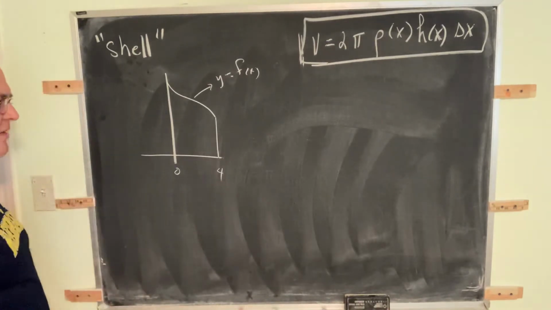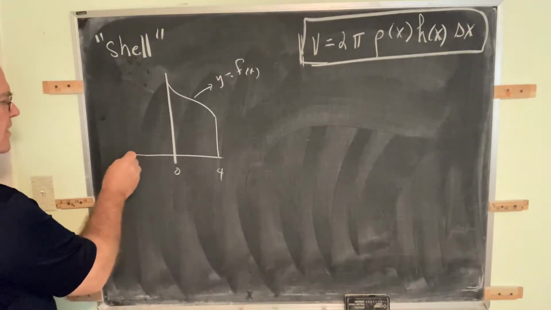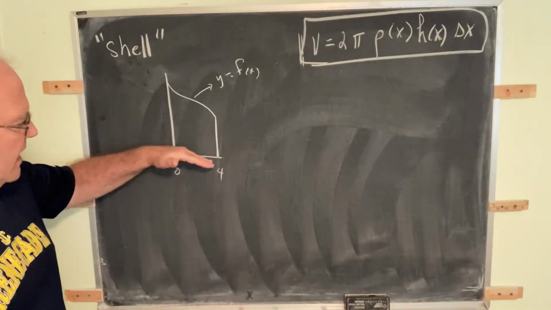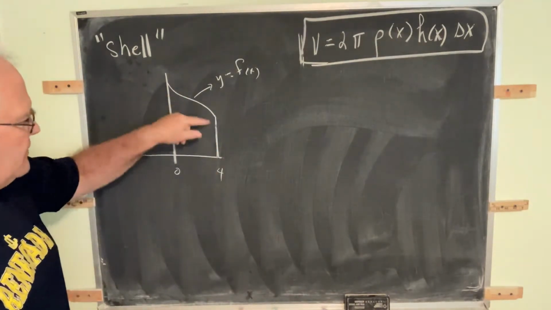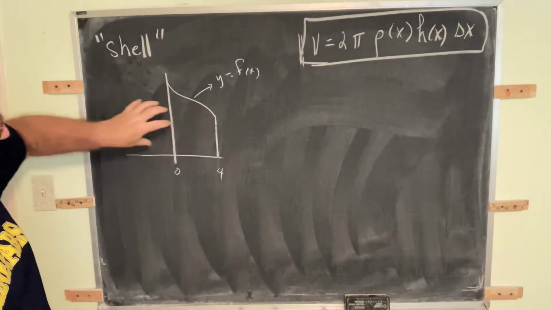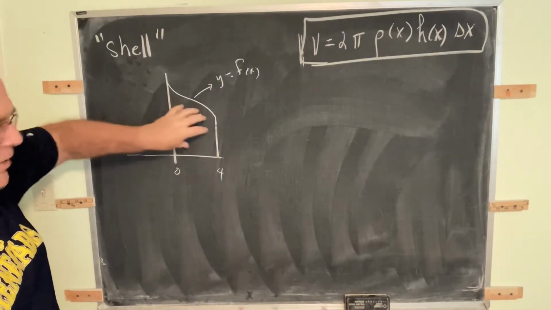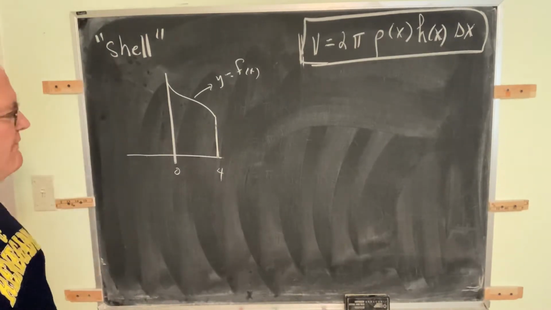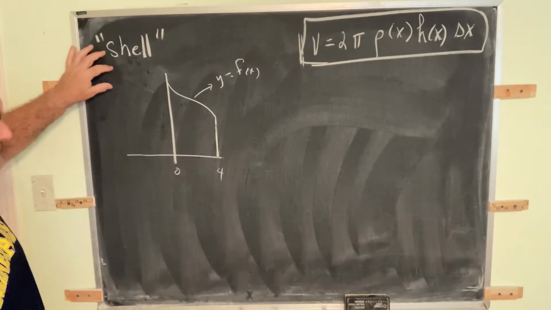I'm picking a number out of the blue sky. That's 4. And so we're bounded by the y-axis, the x-axis, the line x equals 4, and this function. Take that region and rotate it about the y-axis. Rotate this about the y-axis. And we're going to find that volume using something called the shell method.